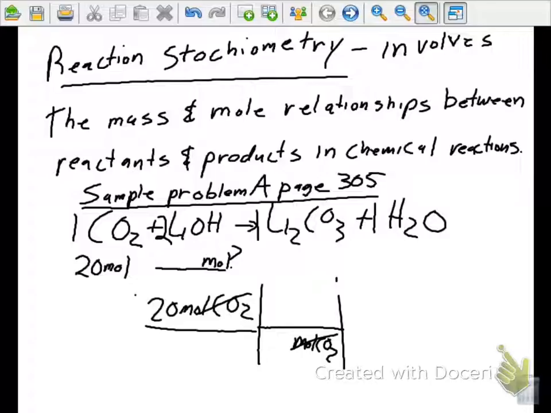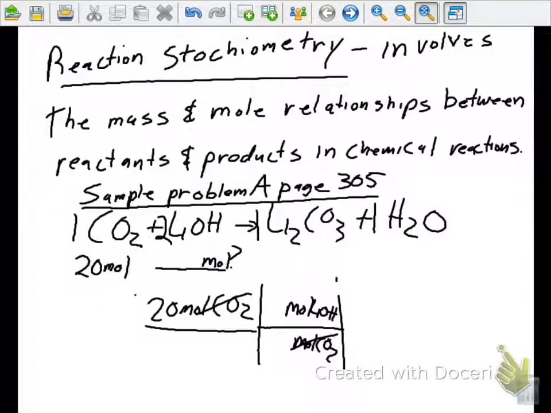All right, good. Then up above, what do I want to put? I'm trying to solve for this, right? So I'm not going to put a number in yet. I'm going to put moles of LiOH. Any questions?